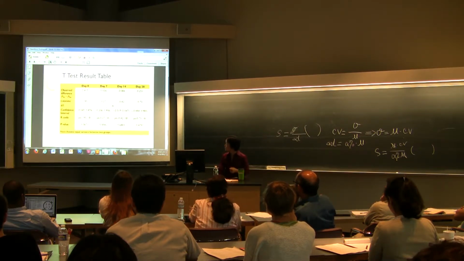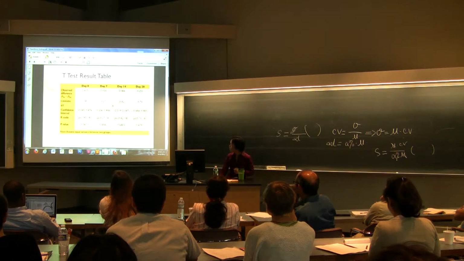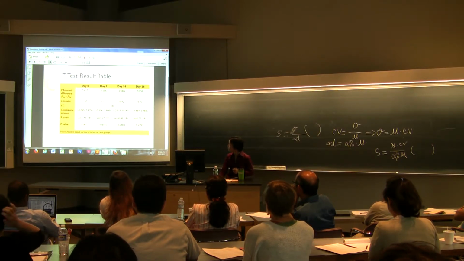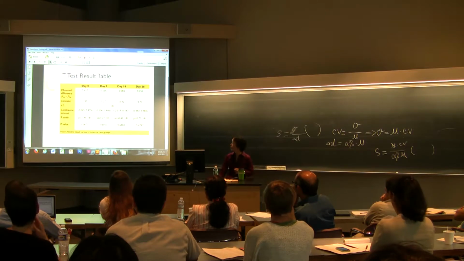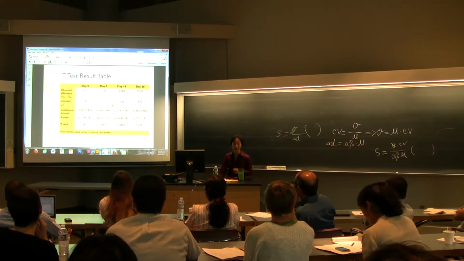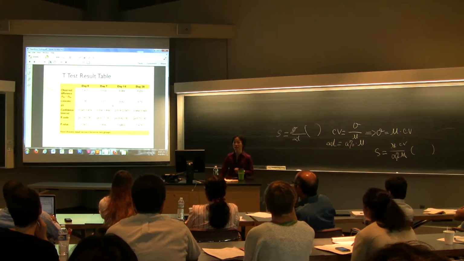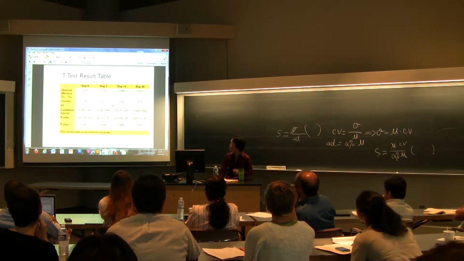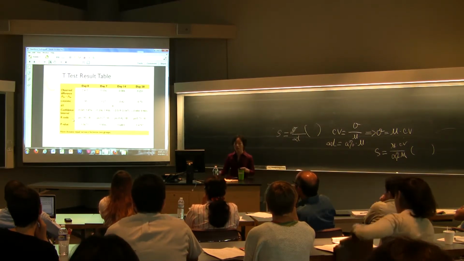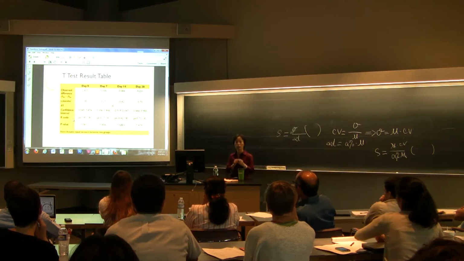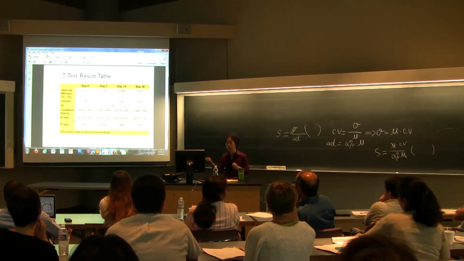Here is the test result in a table, and I show you the observed difference at each time point between these two groups. What are the t-statistics? You can use the formula I presented before to calculate by hand. Of course, you can do it by software. And what's the confidence interval? If you use R, and later on, Hua is going to talk about how to use R to do statistical analysis.